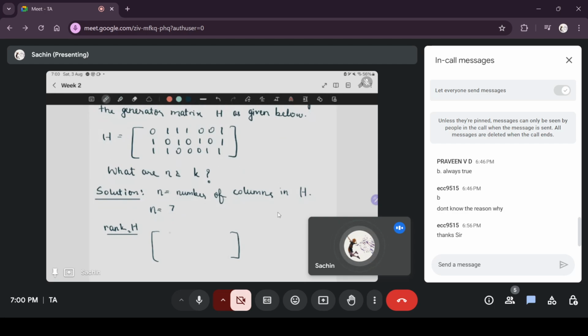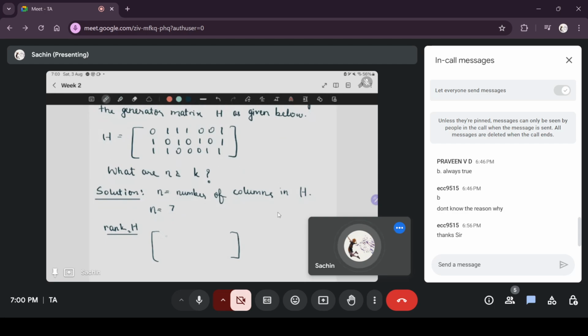We'll use an elimination type of method to find the rank. We will bring the matrix to row echelon form, and the number of pivots in the end will be equal to the rank of the matrix.